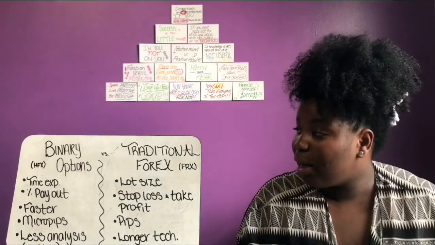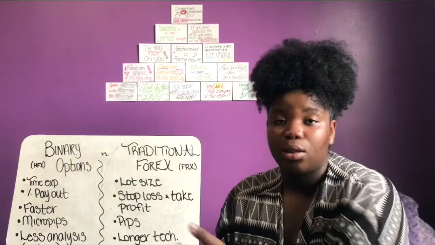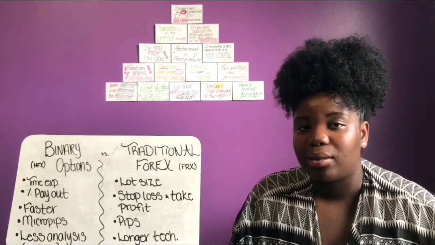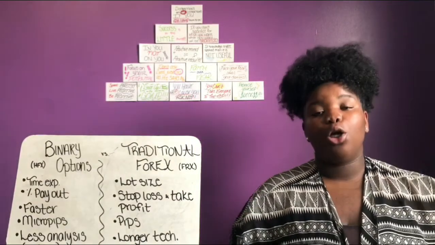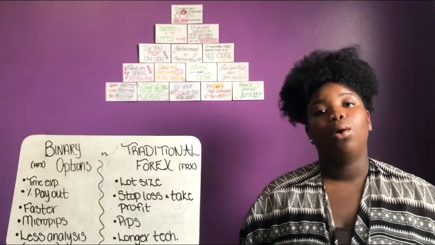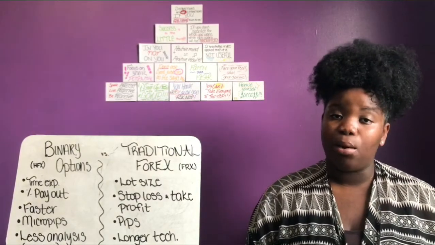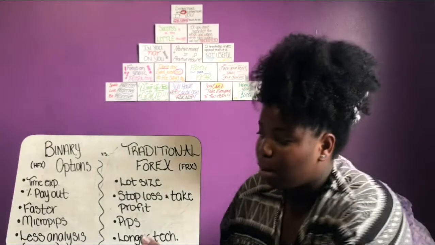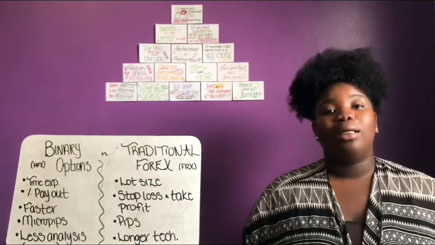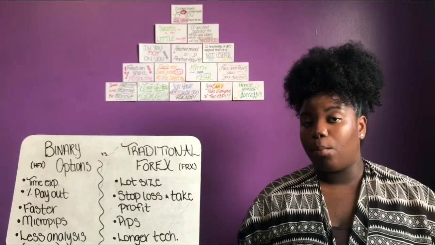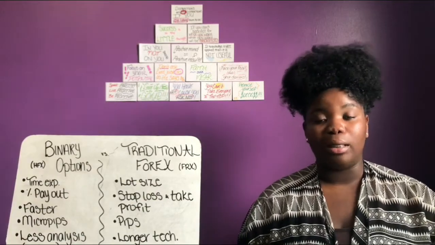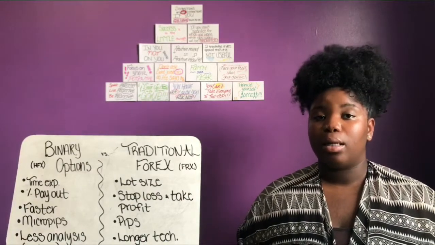So, when we're looking at this chart, I aligned it so that everything could be side by side, right? When it comes to traditional Forex, you're usually trading off a lot size: 0.01, which is 10 cents per pip, or 0.1 per pip, which is $1, or 1.0 per pip, which is $10, right?